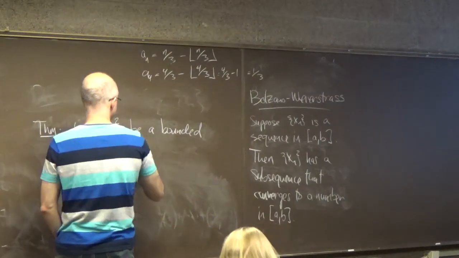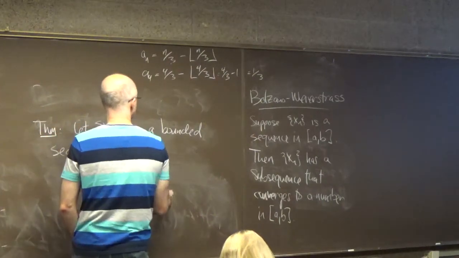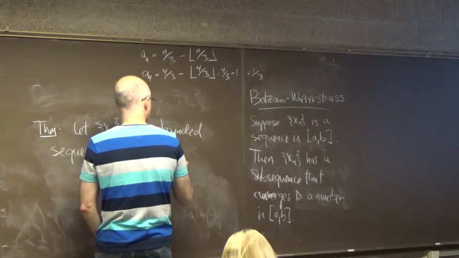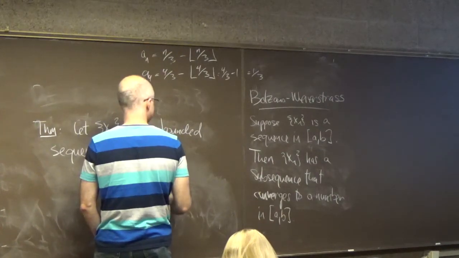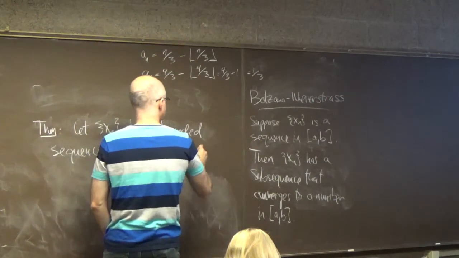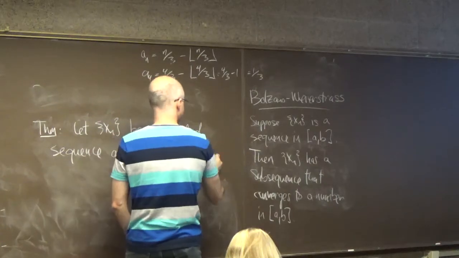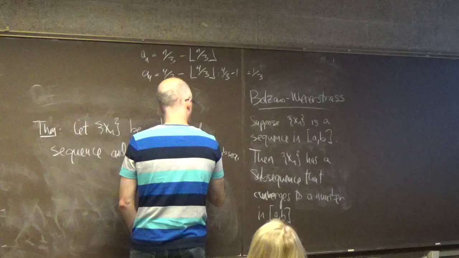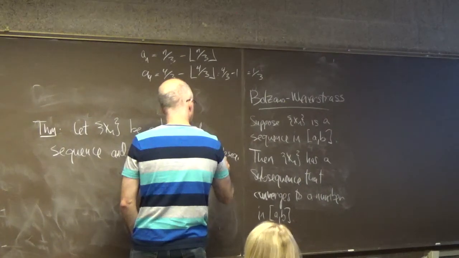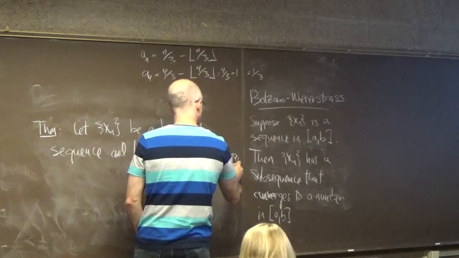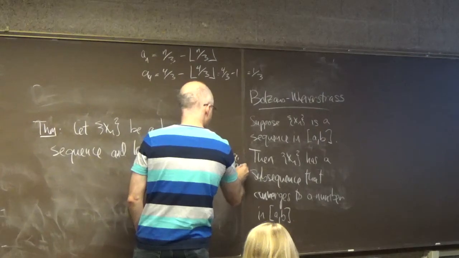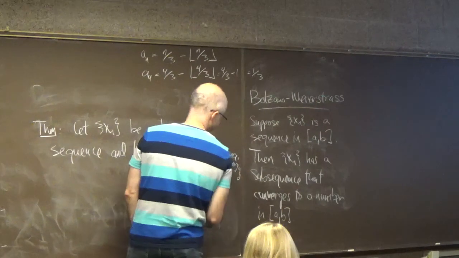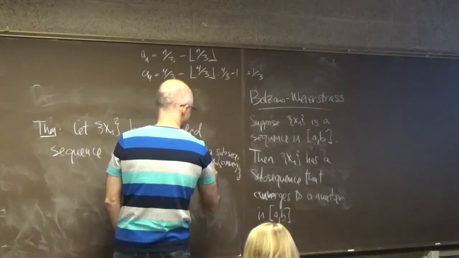And let S equal the set of all numbers x such that there exists a subsequence of xn converging to x.